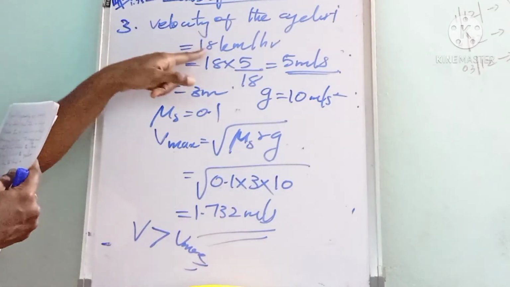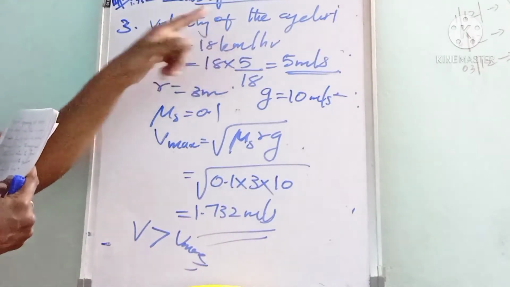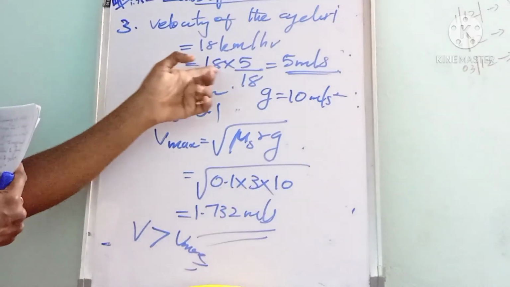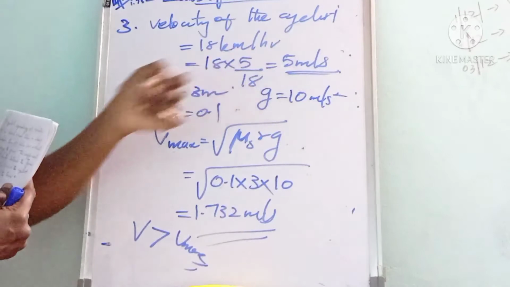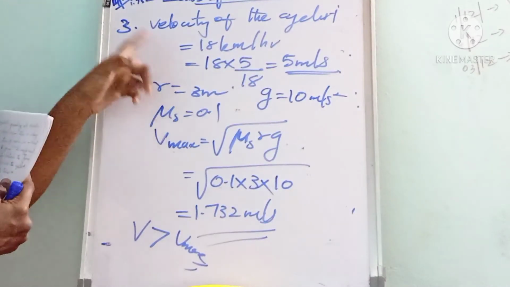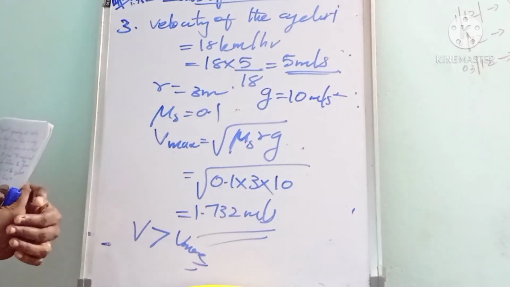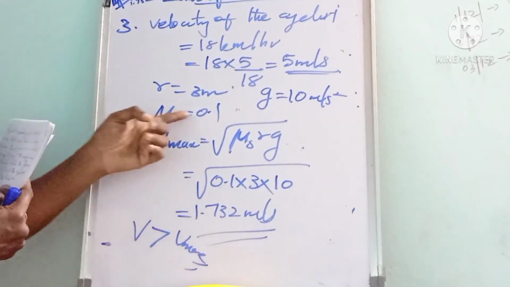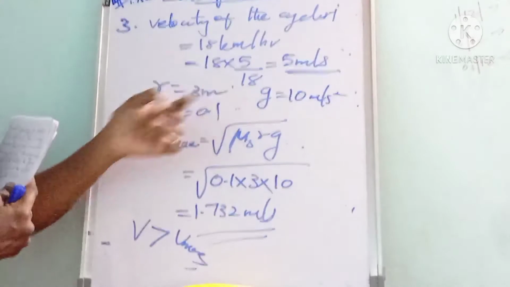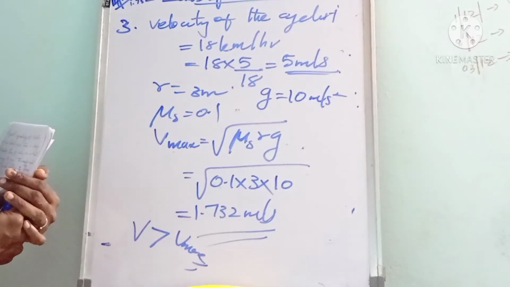So the velocity of the cyclist is 18 km per hour. We have to convert it into meter per second, so we multiply by 5 by 18. So we got 5 meter per second. The radius of the circular path is 3 meter, the static friction between the road and the tires is 0.1, and the acceleration due to gravity is taken as 10 meter per second square.